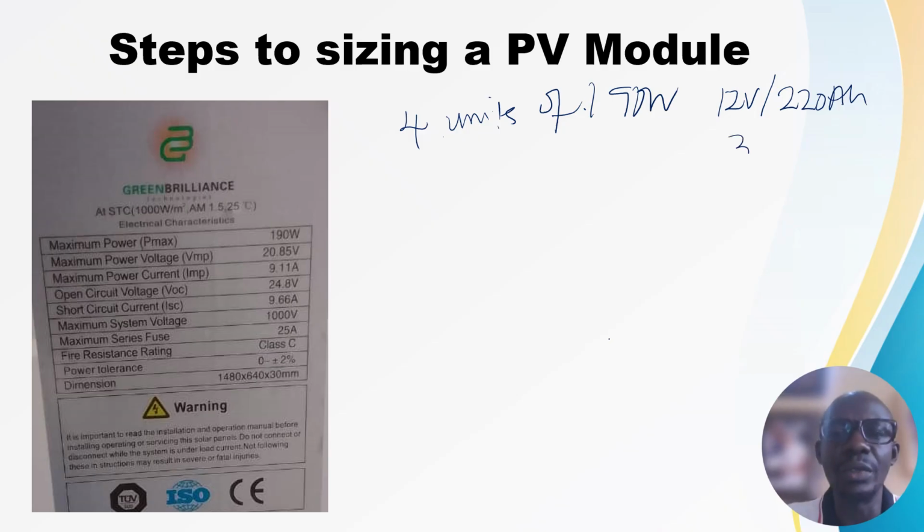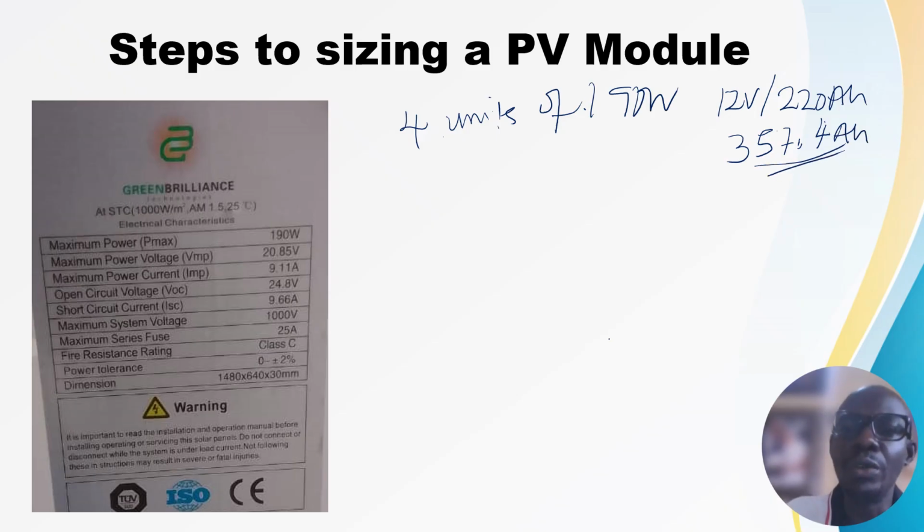Are you getting it? We got our battery capacity as 357.4, if I'm not mistaken. That's the battery capacity. But we need 2 units of 220 Ah so that we'll be able to get this 357. If we connect 2 units of 220 Ah in parallel, we'll sum the capacity.